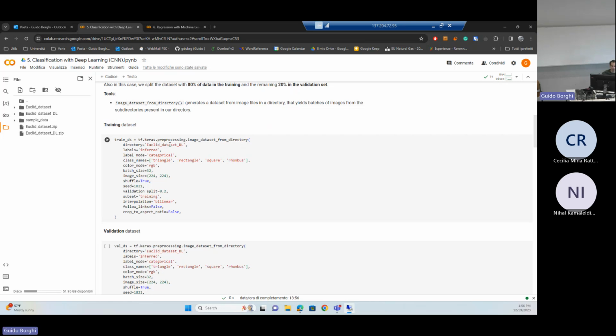And remember that in the first position, we have to specify the folder from which we want to load the data. So in this case, Euclid dataset DL is the deep learning version. The labels are inferred using the class names triangle, rectangle, square, and rhombus that correspond to the 4 folders that we have in the dataset.